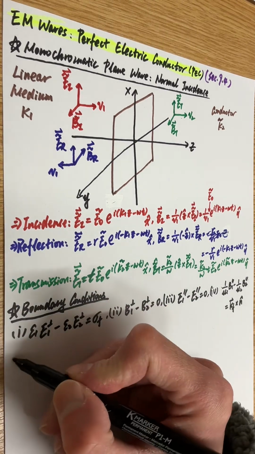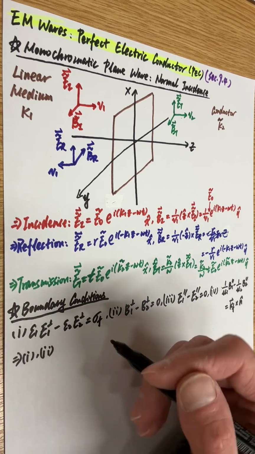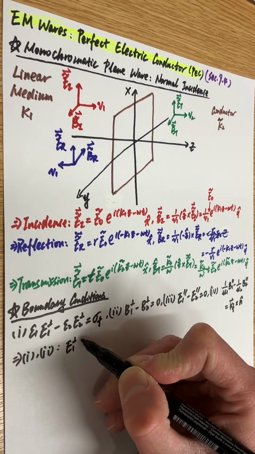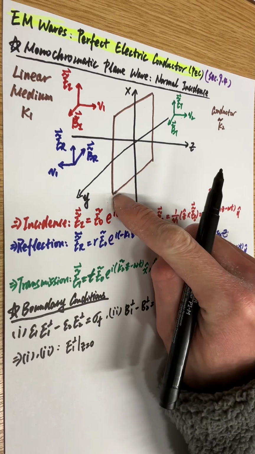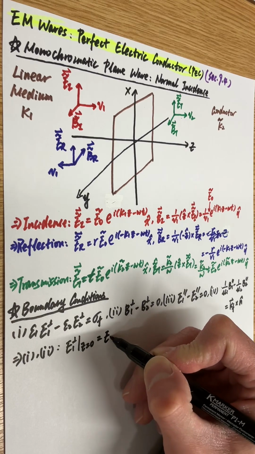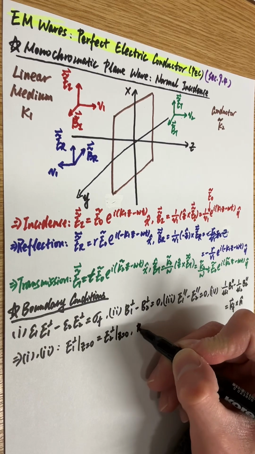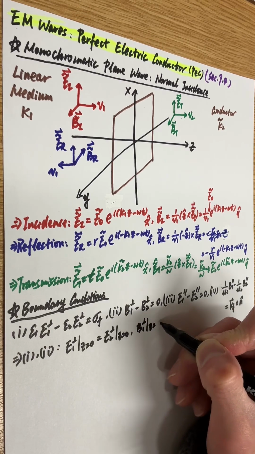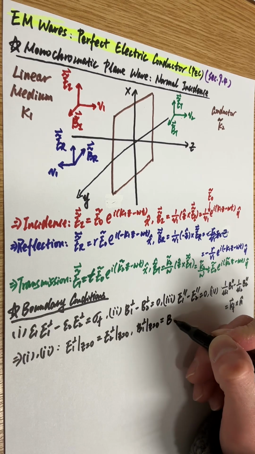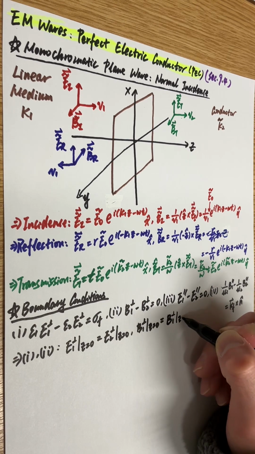So from 1 and 2, we have E1 normal component at z equal to 0, so at the surface, location is variable z equal to 0, equals E2 normal component at z equal to 0. And we have B1 normal component at z equal to 0 equals B2 normal component at z equal to 0.